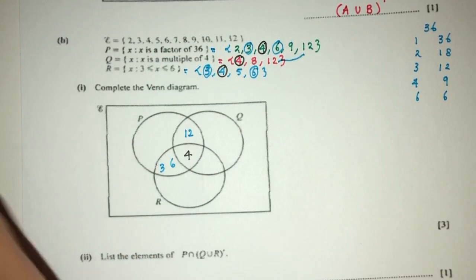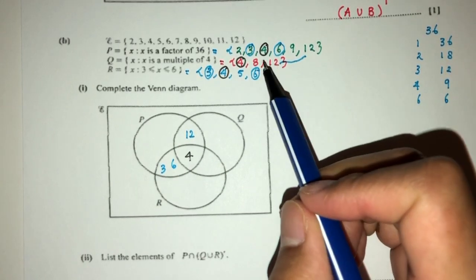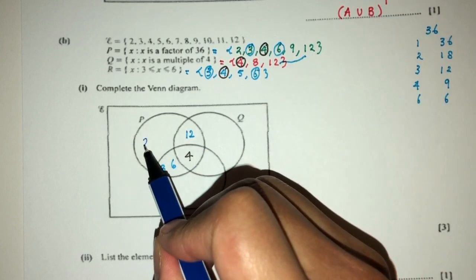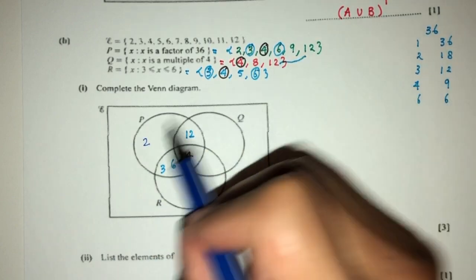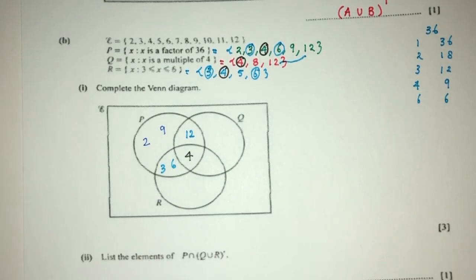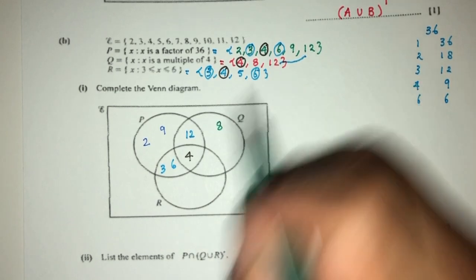Now for the outside values, let's see, what do we have remaining? So for P, we have 2 remaining. We have the value of 9 remaining, and 12 is taken here. And what else for the set of Q? For Q we have 8, and that's it.